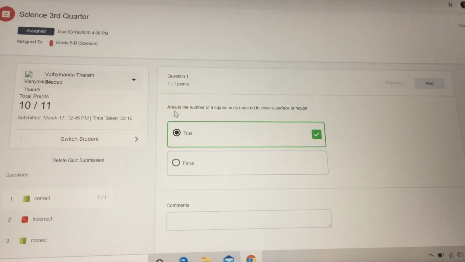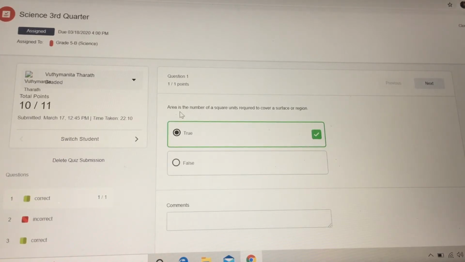So number one, last time we talked about area, and it says here that it is the number of square units required to cover a surface or region. It has a true or false question, and she answered true, and that's correct. Very good, Manita.